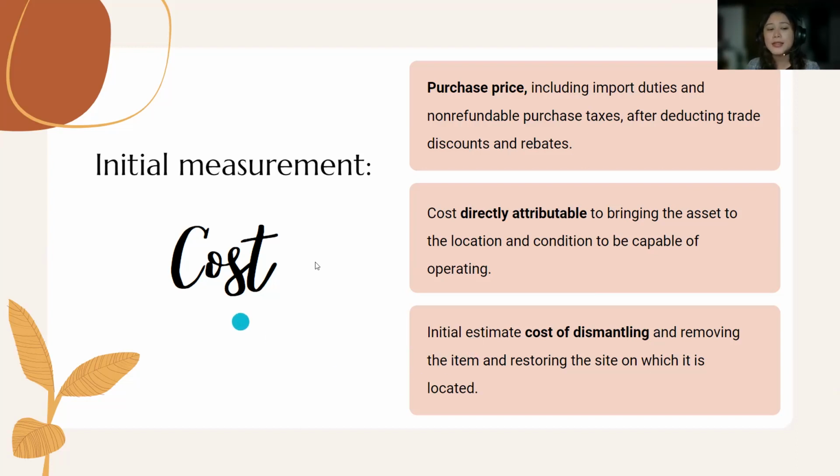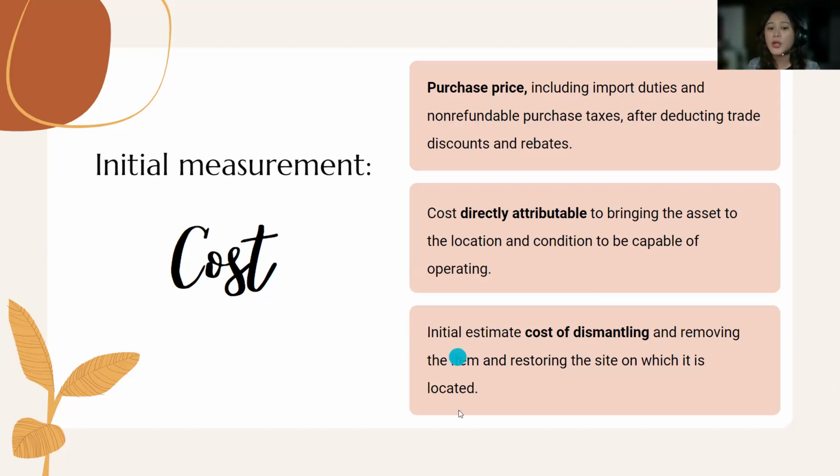Okay. Last item we need to consider for the initial measurement of PPE is the initial estimate of cost of dismantling. Kunyari, nasa iyo ang responsibilidad. Nagtayo ako ng building, pero later on, kapag ipapatanggal ko na ito, ako yung magbabayad.